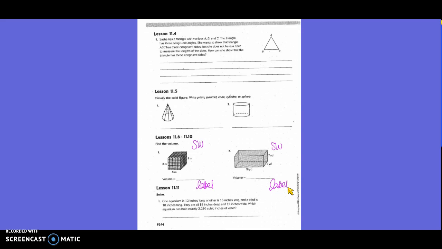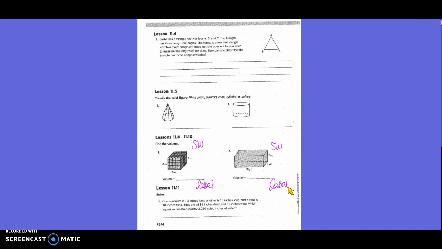11.11. One aquarium is 12 inches long, another is 15 inches long, and a third is 18 inches long. They all are 18 inches deep and 12 inches wide. Which aquarium can hold exactly 3,240 cubic inches of water? So you're going to have to show work for 3 problems.